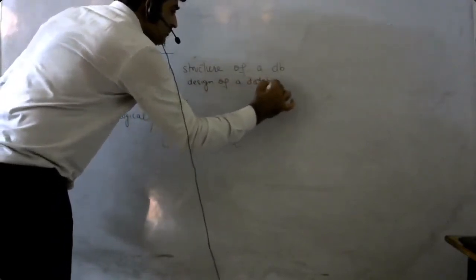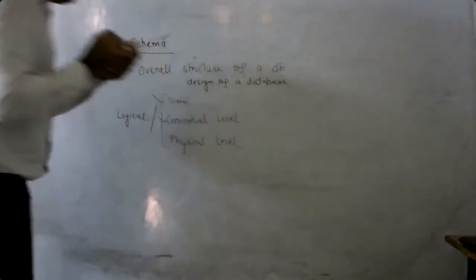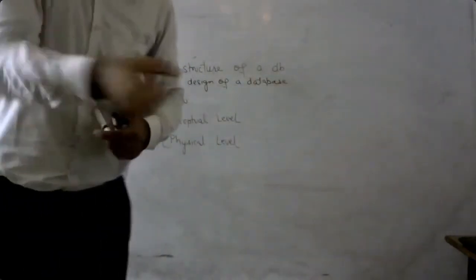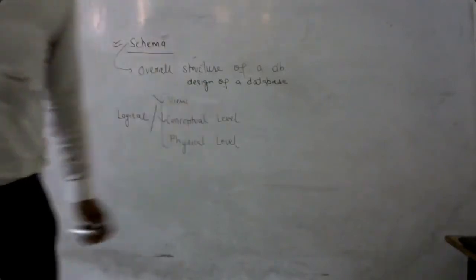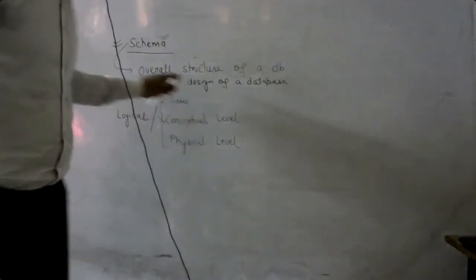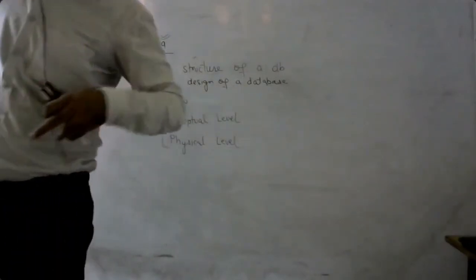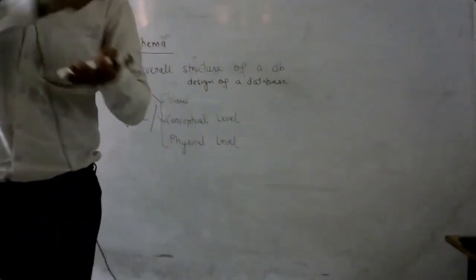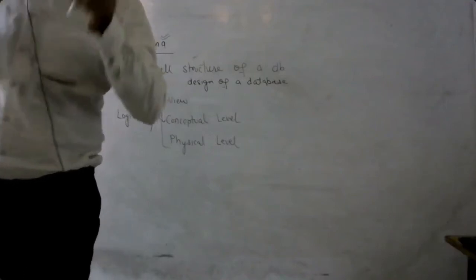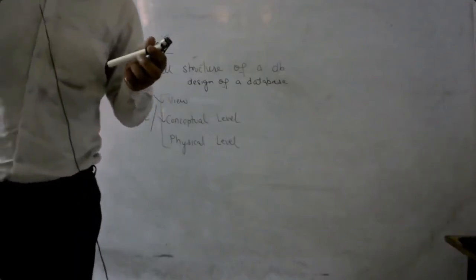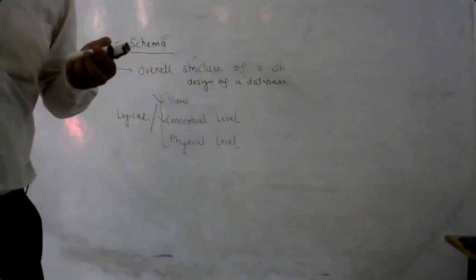Now listen. If you need to prepare the schema of your house, what things are there in my house? You will make a list, you will write each and every detail of room number 1, room number 2, the dining hall's details, and every other detail.